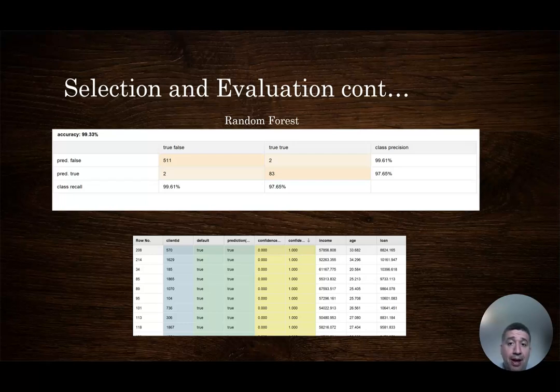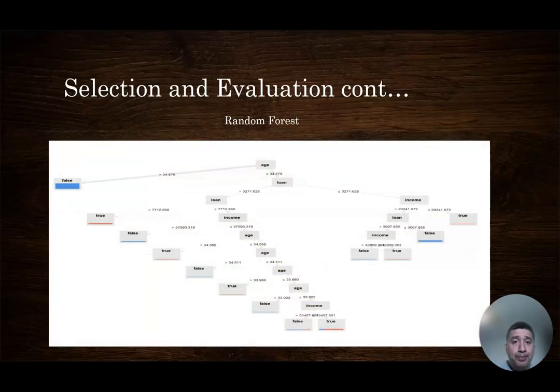Loans around 85 or 80,000 up to 100,000 did predict true that they were going to default on that loan. And so, as we talked about the importance of the attributes, income being fairly low compared to the loan they're taking out, and age seem to be great indicators to use for this model.